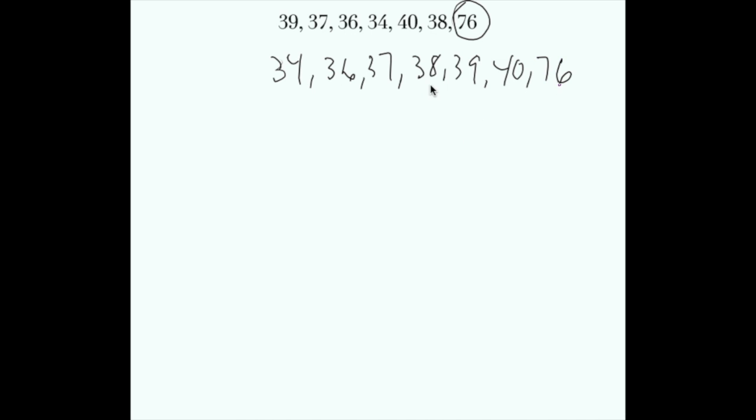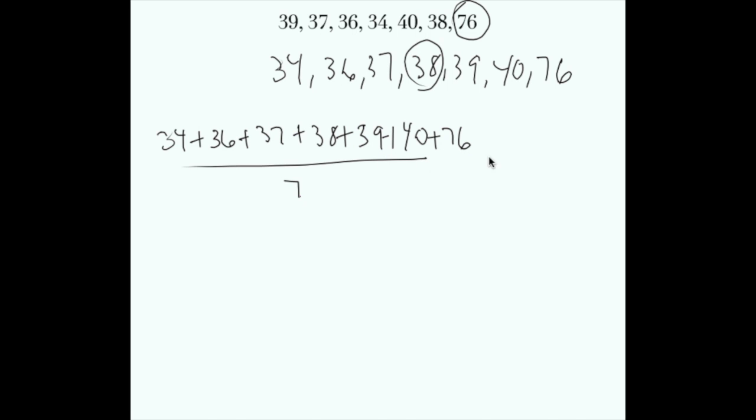The median here is 38. The mean is 34 plus 36 plus 37 plus 38 plus 39 plus 40 plus 76 divided by 7, which equals 300 divided by 7, which in turn is 42.85. Now, removing the outlier, we have 34, 36, 37, 38, 39, and 40.